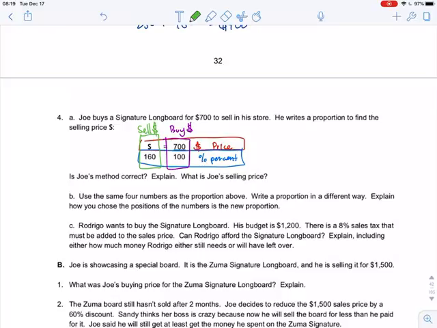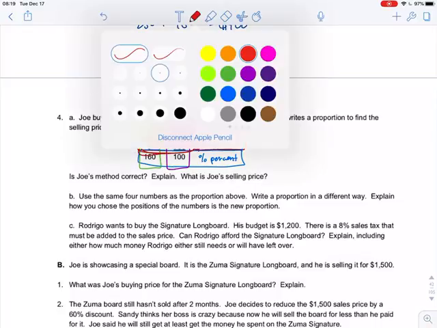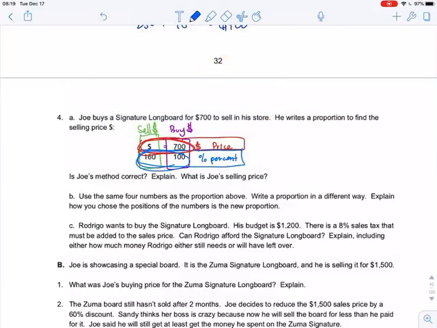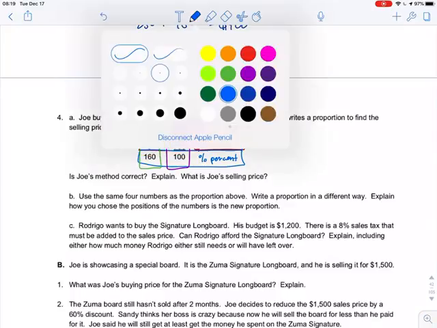Now, the reason why this works is because there is no diagonalness here. For example, if I had price and they were diagonal like this, it wouldn't work. If I had percents and they were diagonal, they wouldn't work. They have to match up horizontally, like they do now, and they have to match up vertically as well, okay?